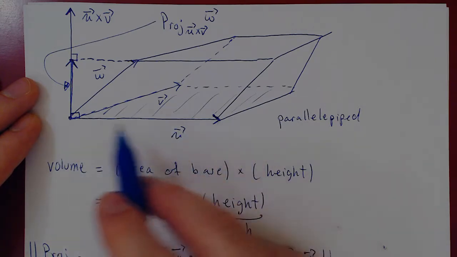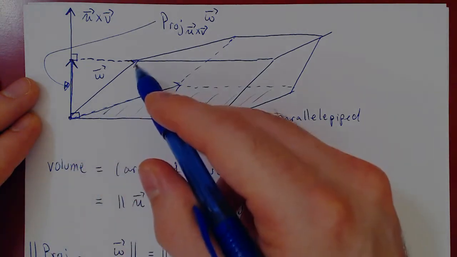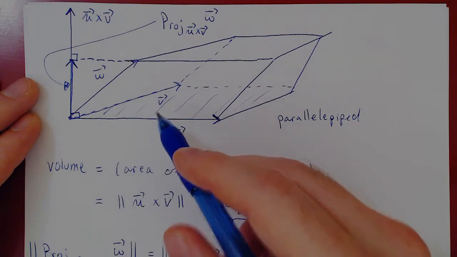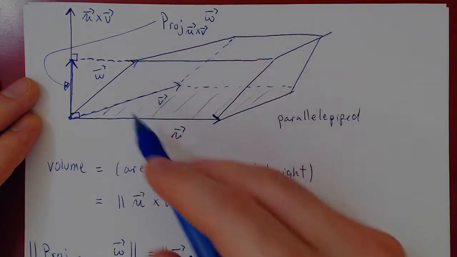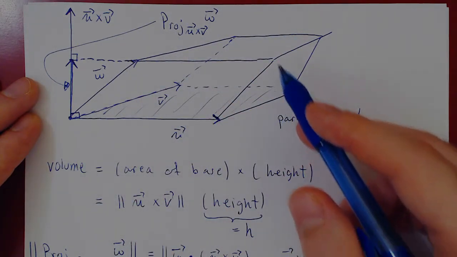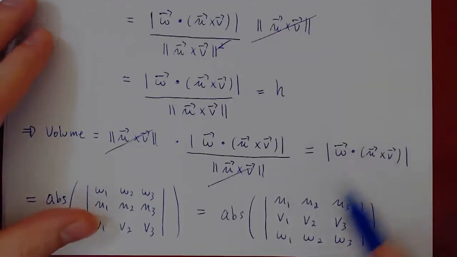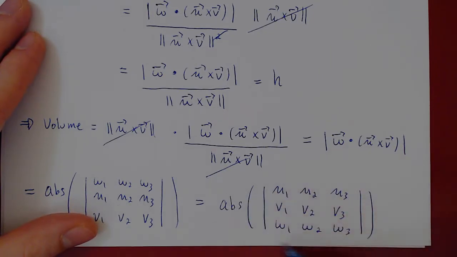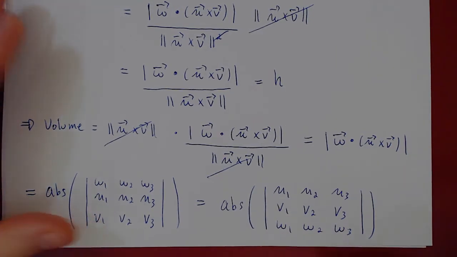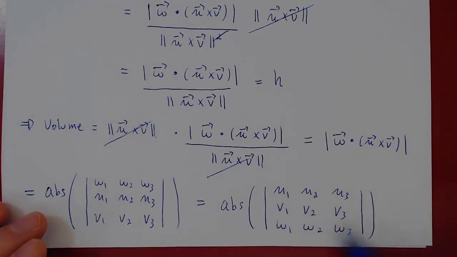If you have three vectors in three-dimensional space that are not lying on the same plane, you can form a parallelepiped, and the volume of this solid happens to be the absolute value of the determinant of the matrix whose first row are the coordinates of the first vector, second row, the coordinates of the second vector, and third row, the coordinates of the third vector. And there you have it. This is how you find the volume of a parallelepiped.